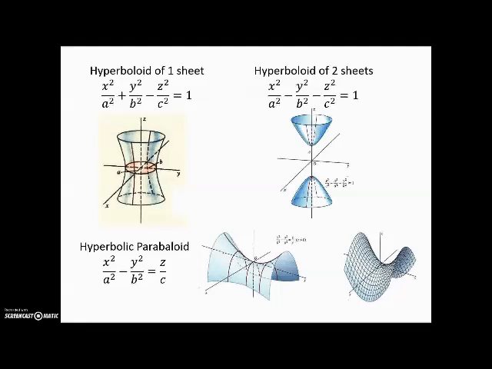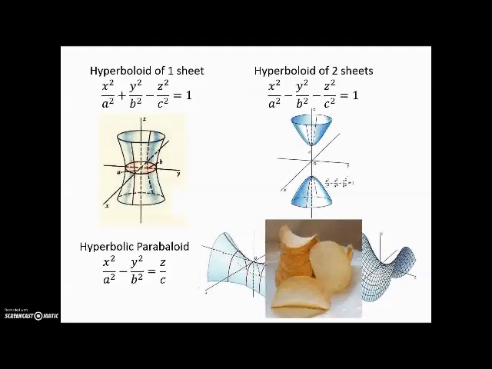If we use the larger equation that starts with the x squared, then the parabolas would be running along the x-axis, not the y-axis. Now, hyperbolic paraboloids look like something you've probably eaten at some point in your life. Can you guess what? Pringles. Pringles are in the shape of hyperbolic paraboloids. Yummy.